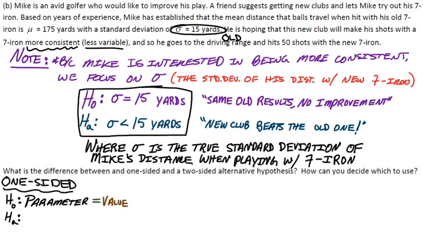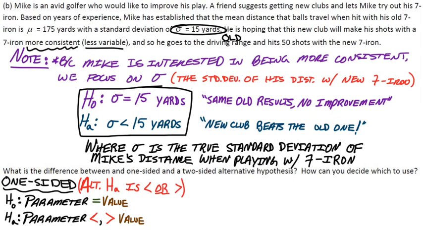The alternative has the same parameter, but it's either less than or greater than that value. So whatever the sample data is suggesting will tell you we're either suggesting the parameter is less than the original claim, or we say it's greater than the original claim. That's a one-sided alternative hypothesis, right? So it's either less than or it's greater than.